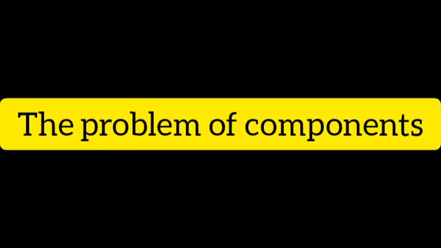The problem of components: the number of components in a system is defined as the smallest number of chemically independent species that is required to describe the composition of every phase in the system.